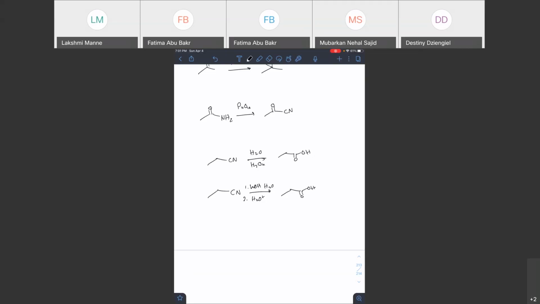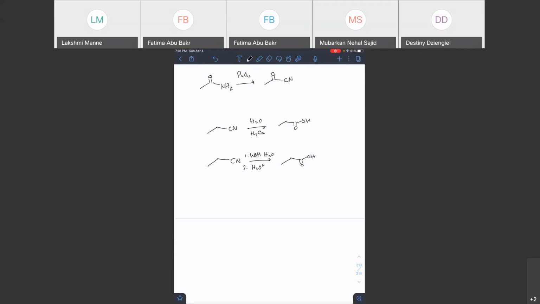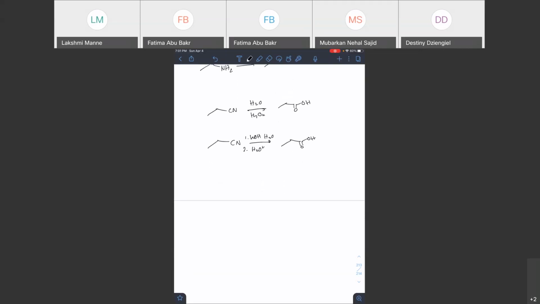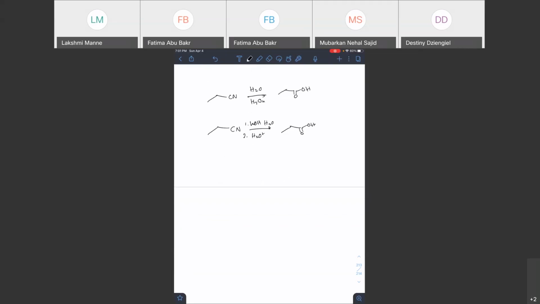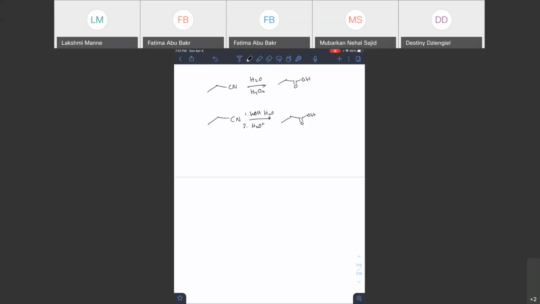And then finally, we're going to take this CN and we're just going to change it into a carbonyl. Or actually anything, you're just using this as a Grignard, okay? So how does this work? Let me see. This one is interesting. I'm going to use the example he gave. So if you have CN here, right?